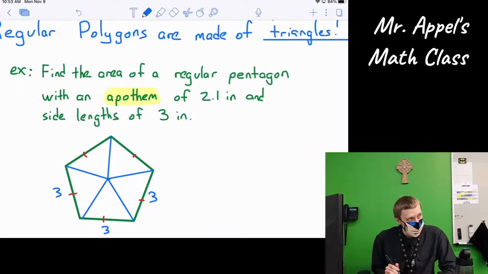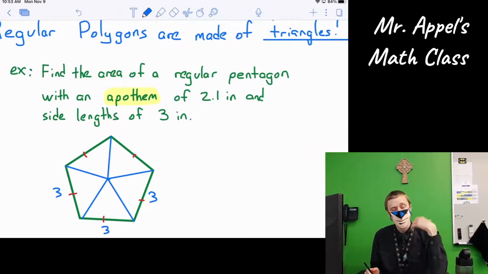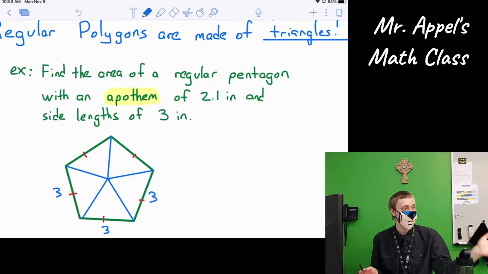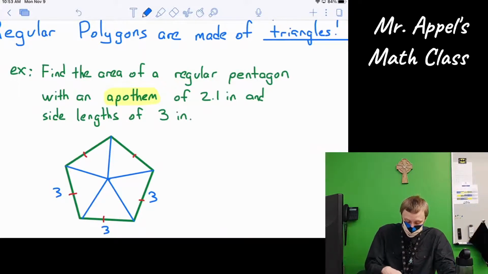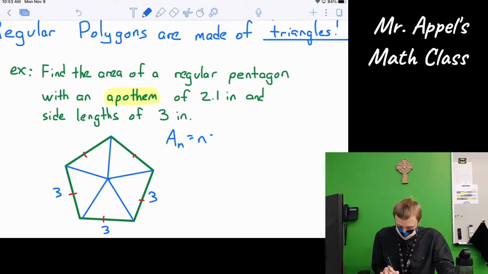Now, if it's a pentagon, it has 5 sides, which means there are now 5 triangles, right? So it's going to make it very easy. We're always going to have the area of some polygon with n sides be n times the triangles.